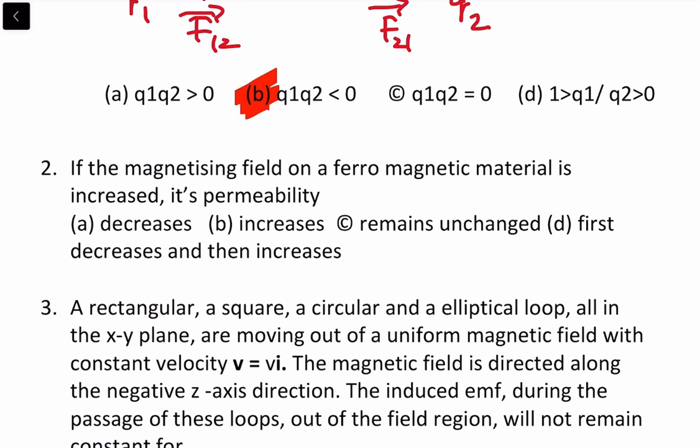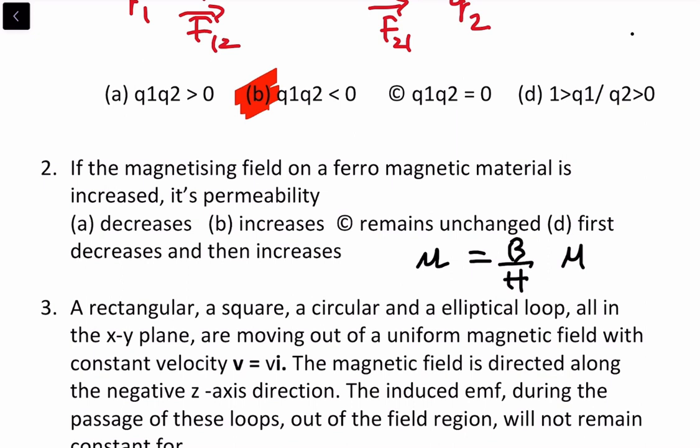Now if you see the related formula, mu is equal to B divided by H. B is magnetic field, H is magnetic field strength. So permeability mu is equal to B by H. Now if you see, mu and H are inversely proportional to each other.